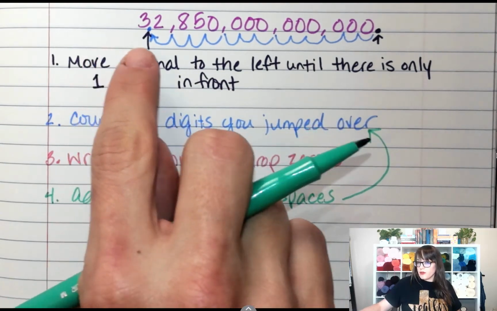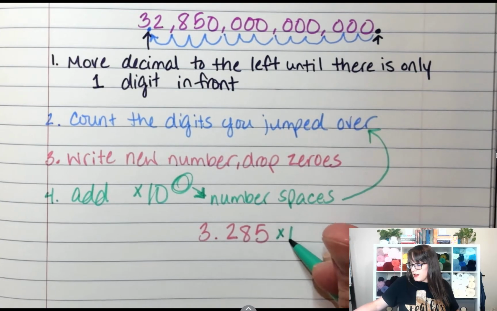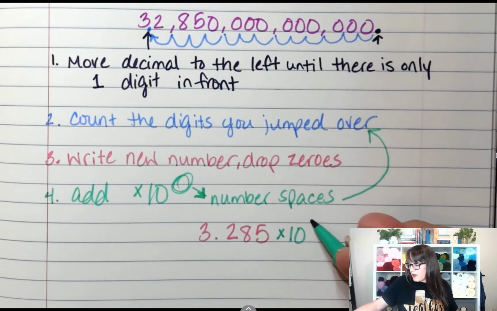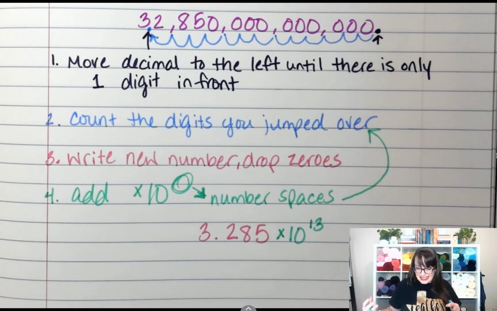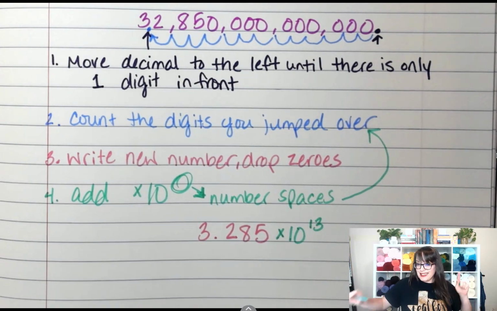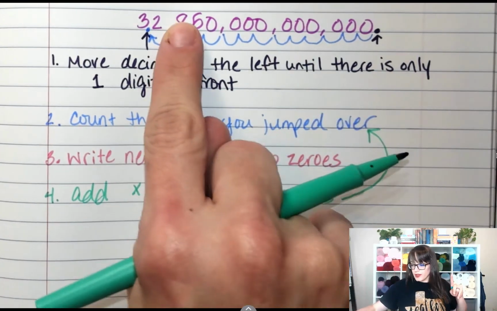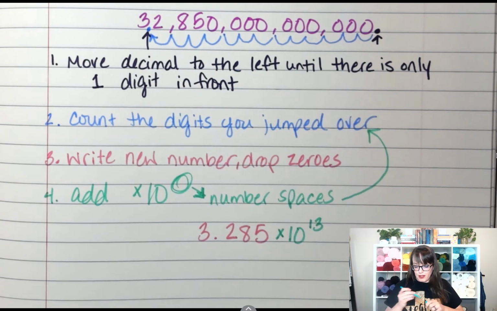So my new number is 3.285 times 10 to the 13th. Because if I do 10 times 10 thirteen times, I'm going to have a 1 with 13 zeros, and this number times a 1 with 13 zeros equals this number up here.